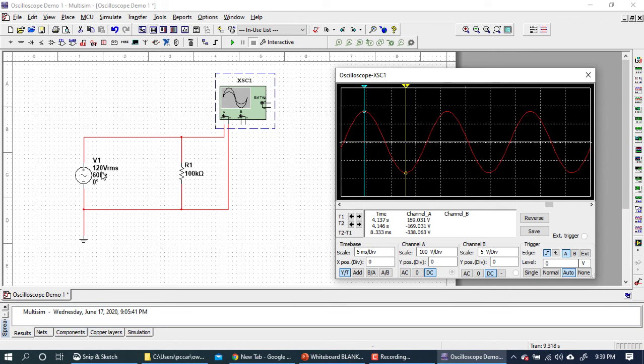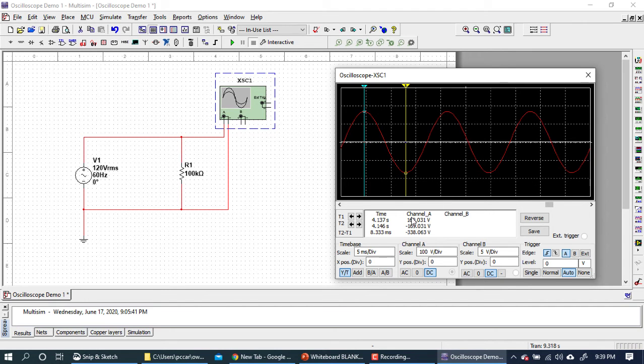But to convert RMS voltage to peak voltage, let's just do peak voltage, that's the easier one. RMS to peak, you would divide by 0.707. So going back to my calculator, 120 volts RMS divided by 0.707 equals 169.7.